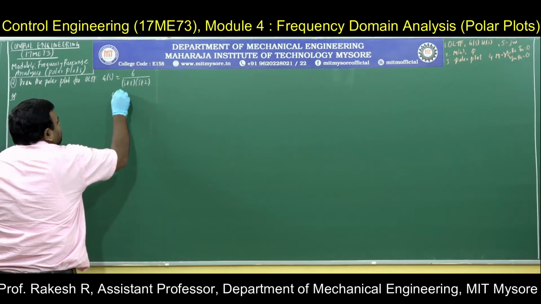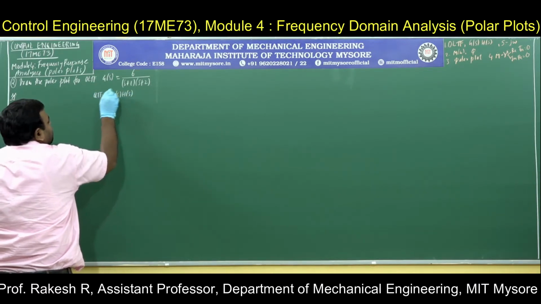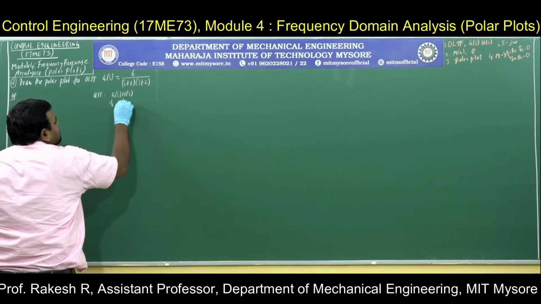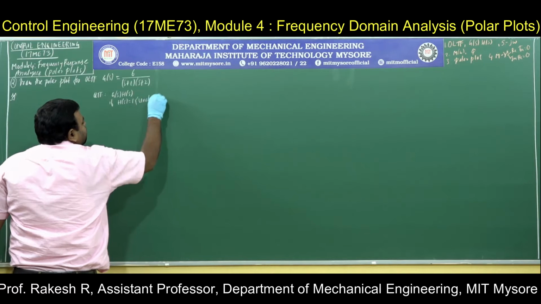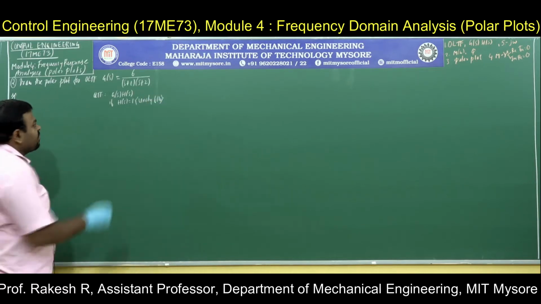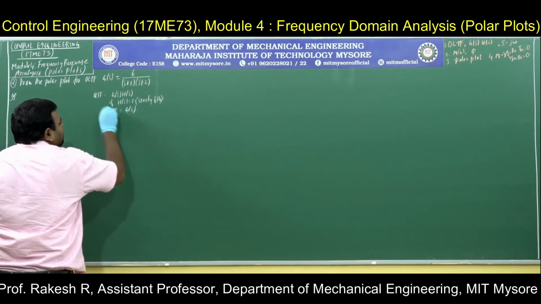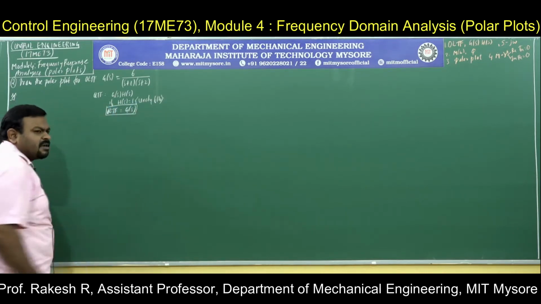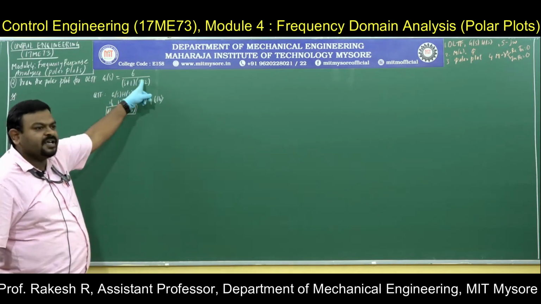G(s)H(s) is the open loop transfer function. If H(s) is equal to 1, this means it is a unity feedback system. So then the open loop transfer function will be equal to only G(s). The conclusion is that they have given the open loop transfer function here.